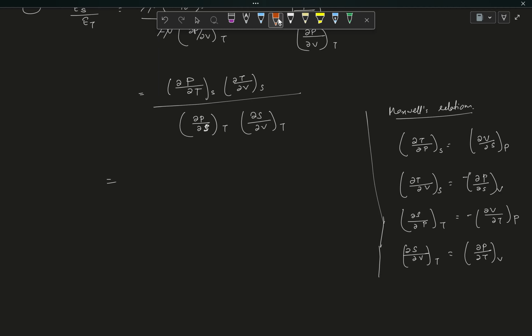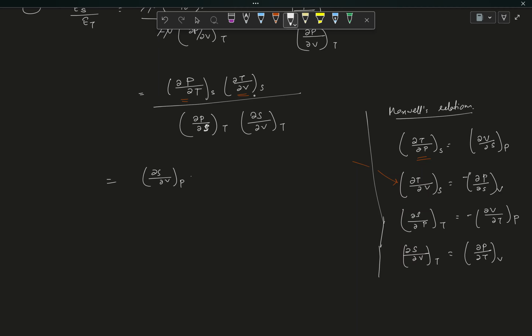First we'll use this del P del T. So del P del T at S constant is just the inverse of this term, and del T del V at S constant is exactly this term. So this is del S del V, the first equation I am using.